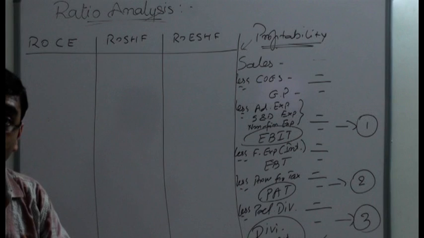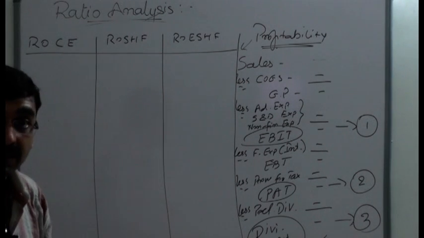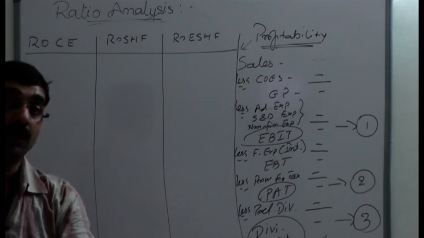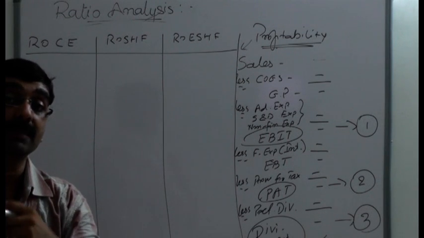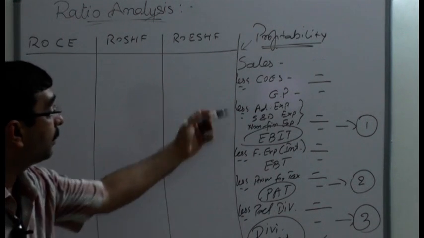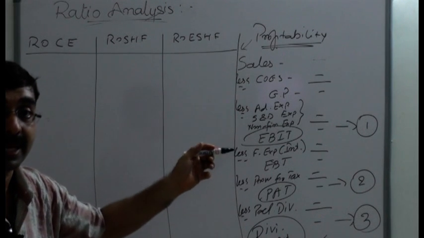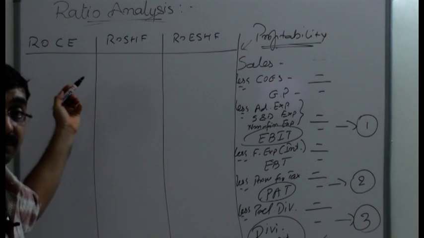Return on capital employed means the total amount of investments made, whether it is invested by the owners of a company or a third party considered as borrowed funds. The total amount of investments is compared against the EBIT. It means what amount of earning before tax is there against your total amount of investments.